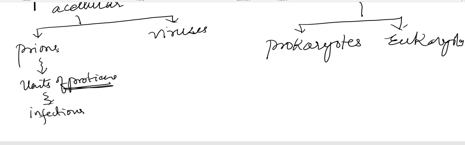The second one is the virus. Now, I can tell you that these are a little bit more evolved than the prions. Now evolution does not mean Darwin's evolution. Here I am just referring to the structural content of the components.